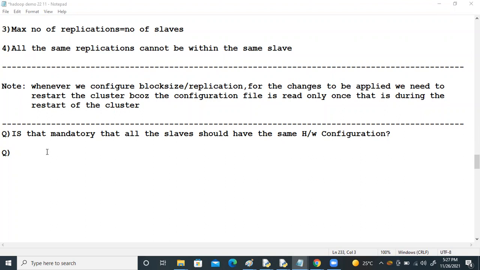No, they can go with different configurations.